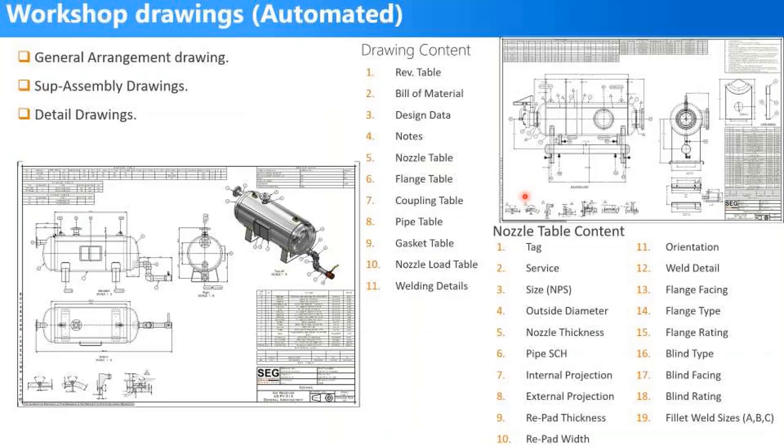And regarding drawings, you can generate your drawings and export detailed information inside them. Many tables like the nozzle table, and this nozzle table includes all information about the nozzle, like the nozzle tag, nozzle service, nozzle size, outside diameter, thickness, schedule, external and internal projection, reinforcement pad information, the welding detail, and the connected flange.